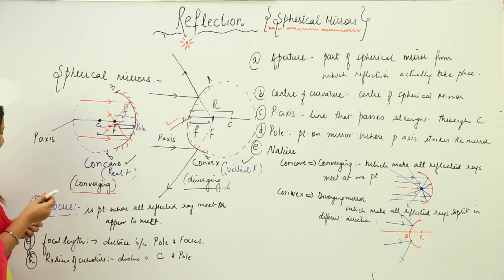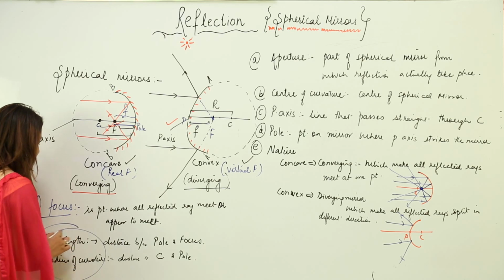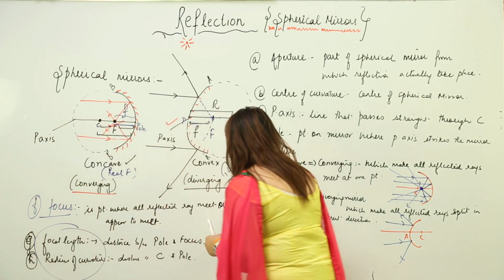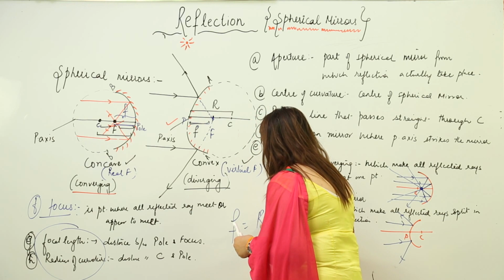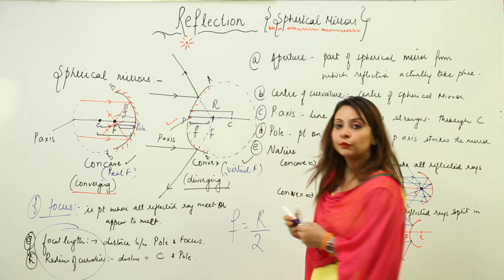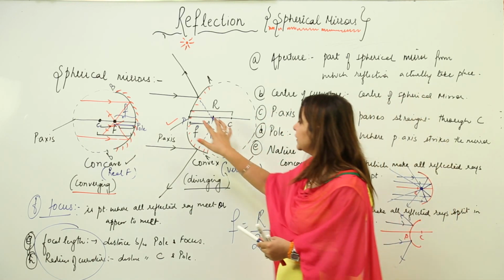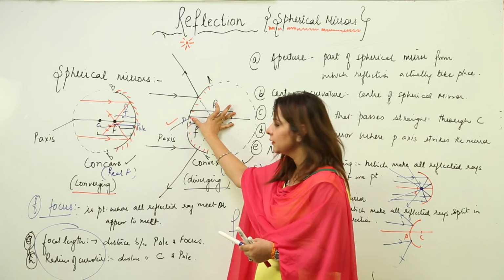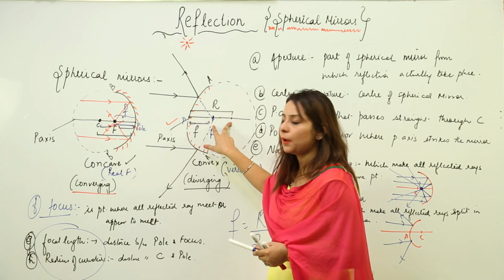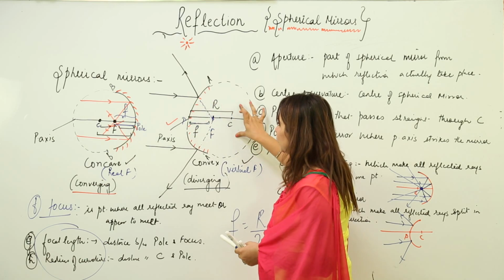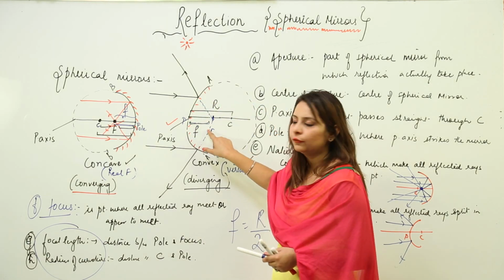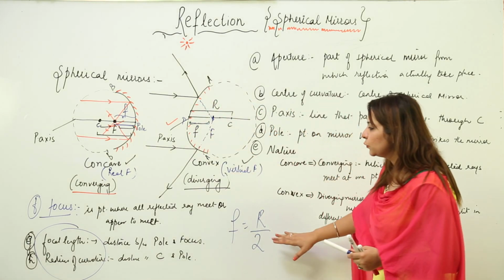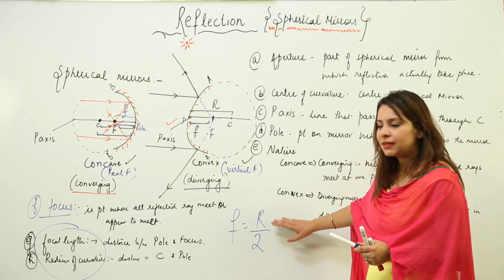And you know that there is a relation between focal length and radius of curvature. What's that? Focal length is always half of the radius. That means this is always half of this distance, and these distances are exactly the same. So the complete radius is twice the focal length. And this is how we relate them: focal length is half of the radius.